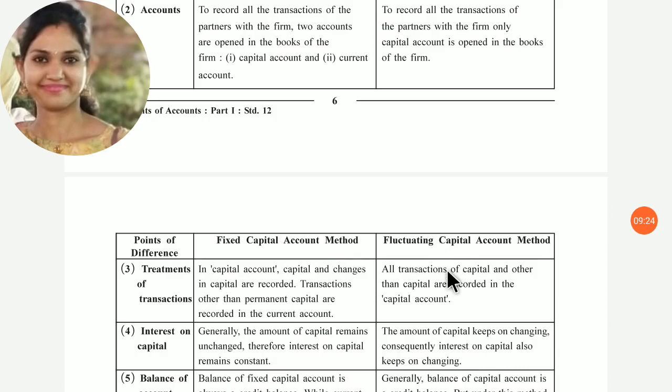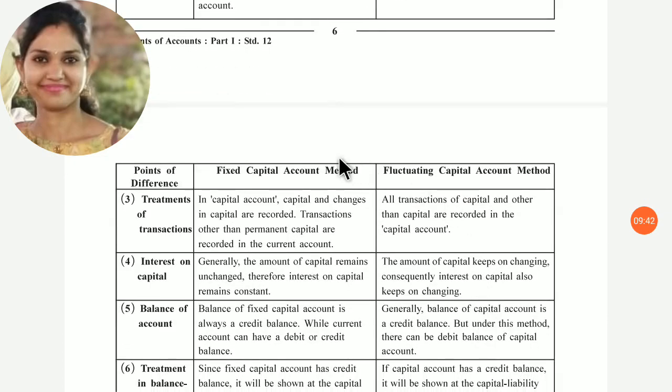In the fluctuating capital method, all the transactions of capital and other than capital are recorded in the capital account. Other than capital means those related to partners: salary of a partner, bonus of a partner, profit of a partner, drawing, interest on capital, all that, right?